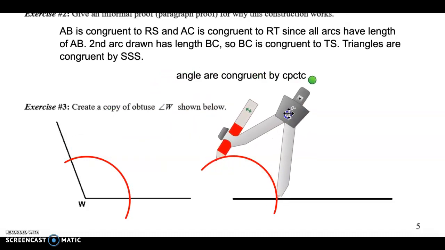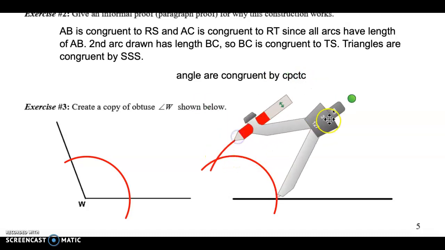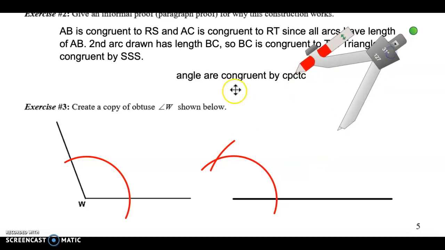So I put my compass where the arc touches that bottom ray and draw my second arc, and since it has the same span that the arc on W did, this angle will be the same exact angle. Then I use my straight edge to connect the point of intersection of those arcs to the endpoint of the ray. If I took out a protractor and measured them, those would be exactly the same.